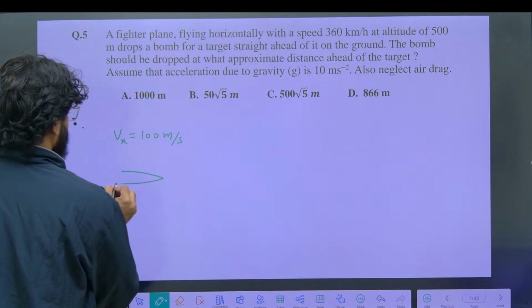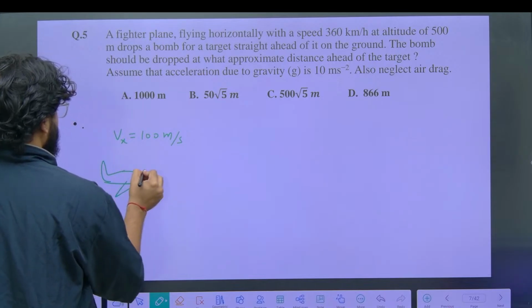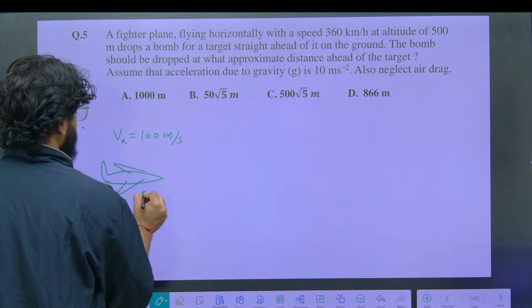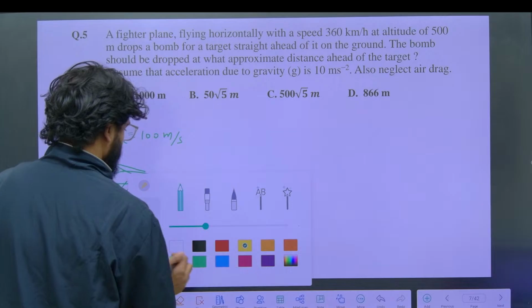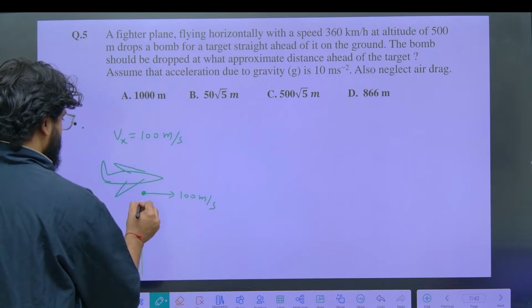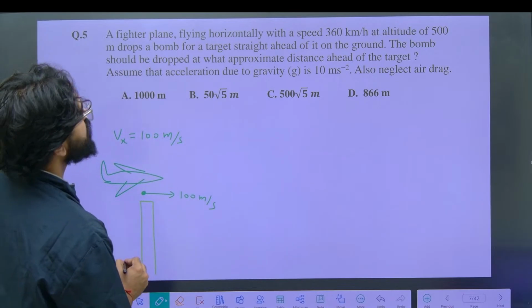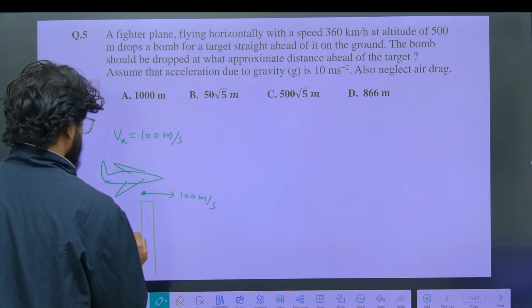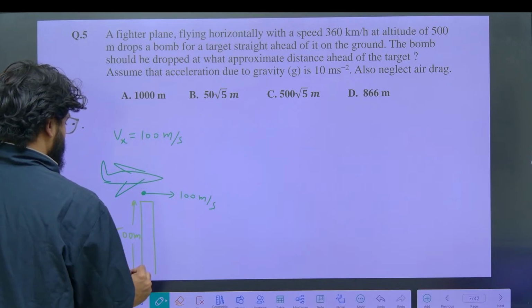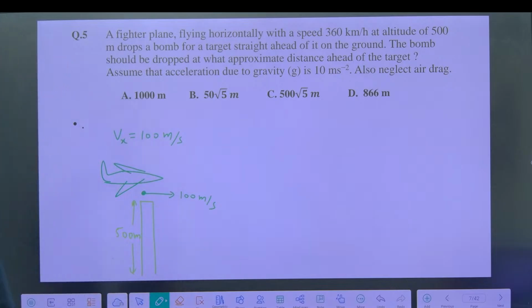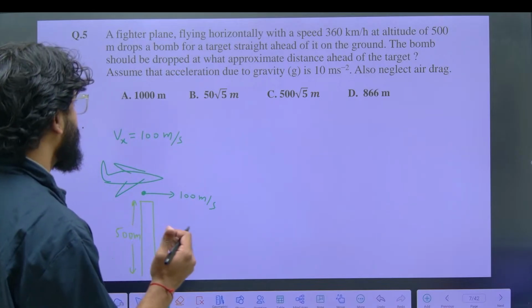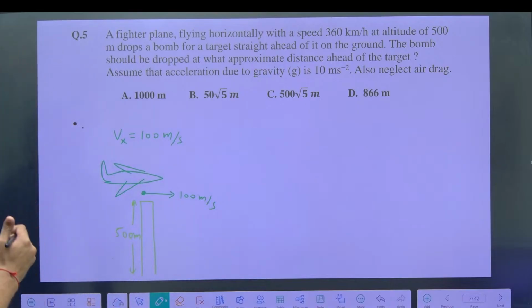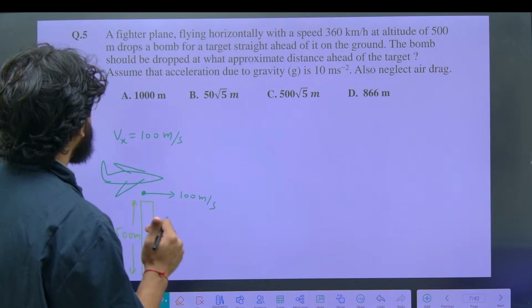If this is a plane and this is a bomb, its velocity is 100 meter per second, and the height is 500 meter. It drops a bomb for a target straight ahead of it on the ground. The bomb should be dropped at what approximate distance ahead of the target?